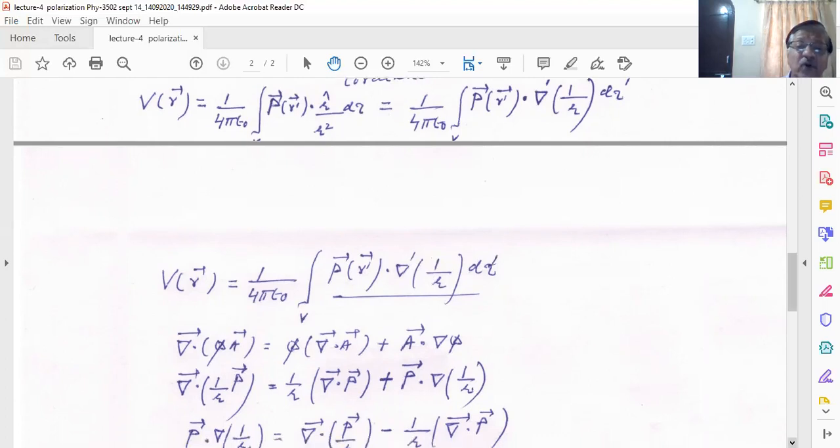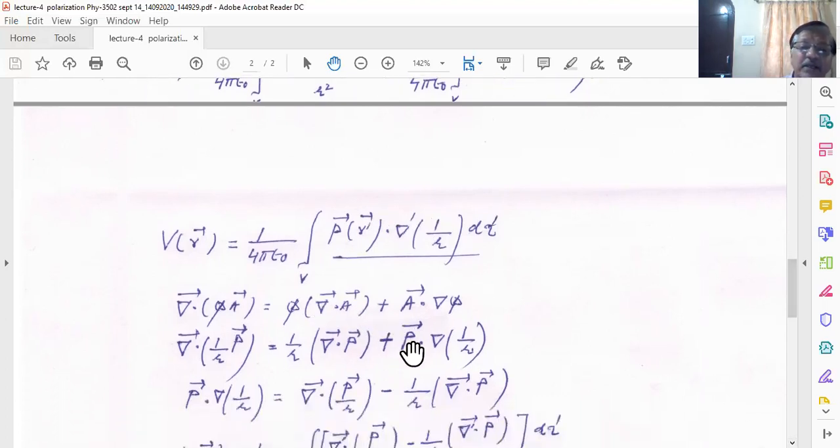From this, I can write it as the divergence of P by r minus 1 upon r divergence of P. Right now, I am writing the general form where I have not used the del or the prime notation. We will use the prime notation once we substitute in the integral.